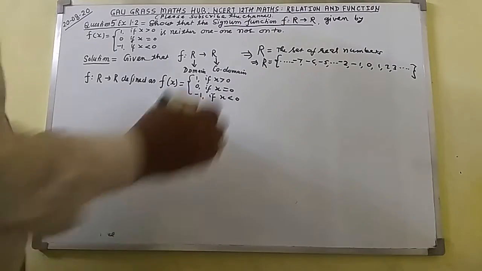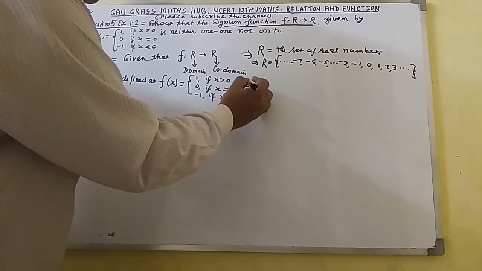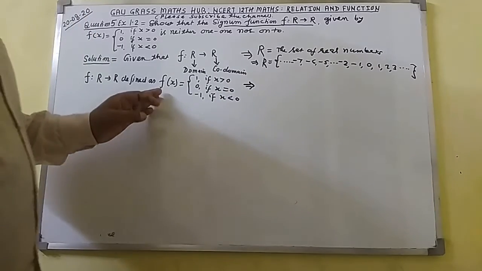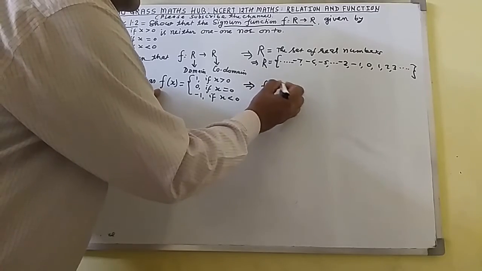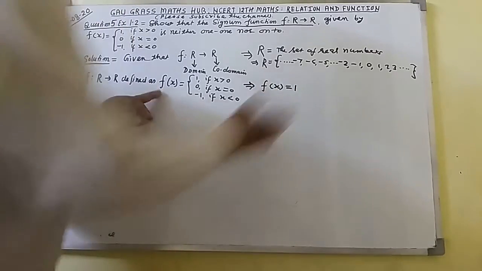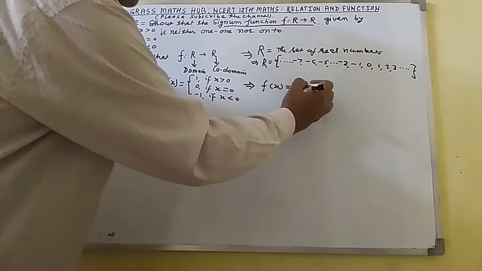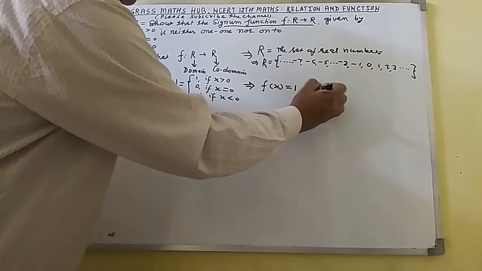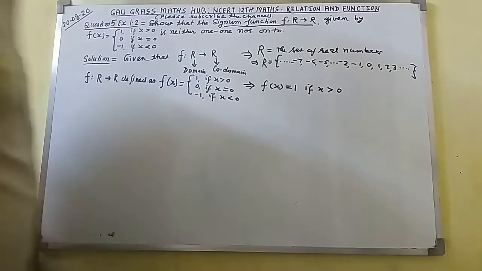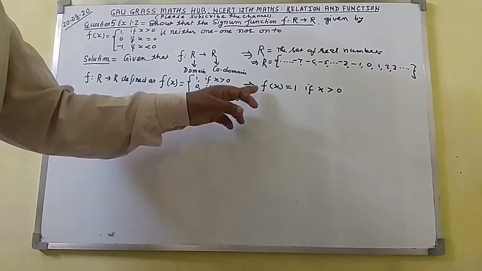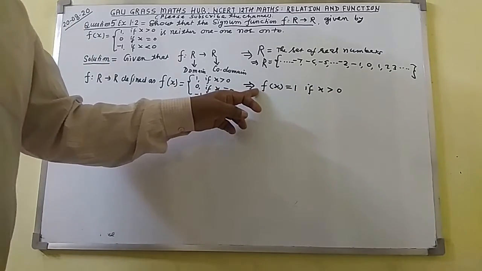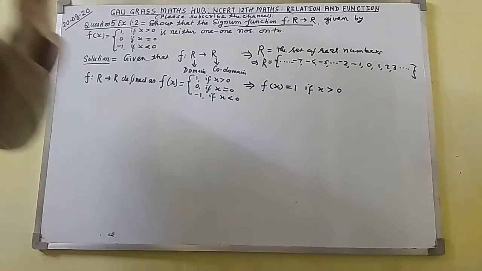So now what to do? It implies that f(x) is equal to 1 if x is greater than 0. If the value of x is greater than 0, then in all cases f(x) is equal to 1.